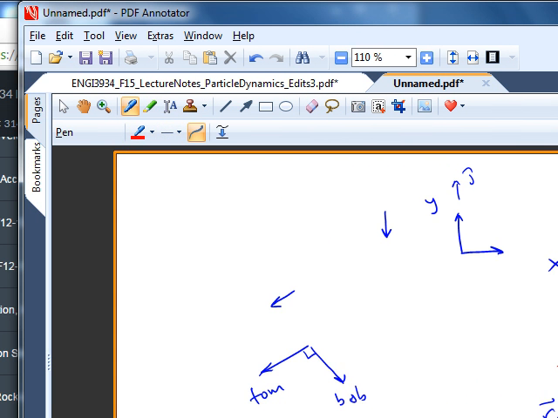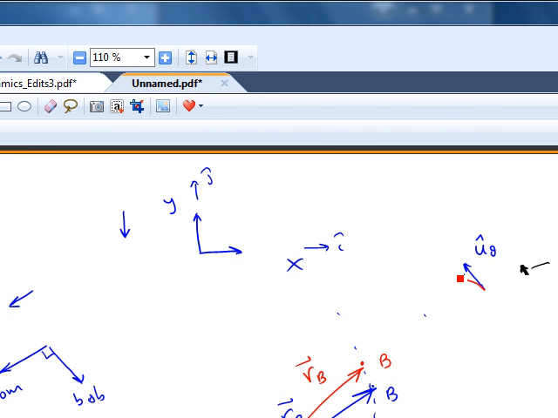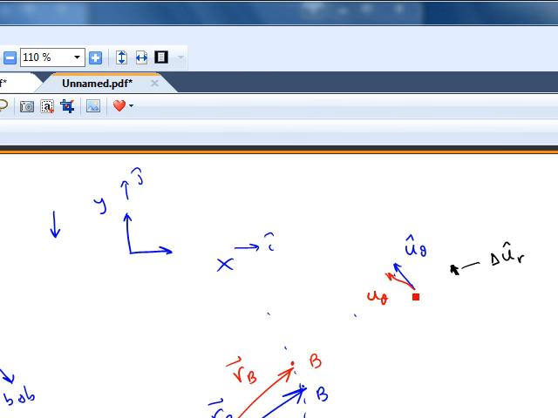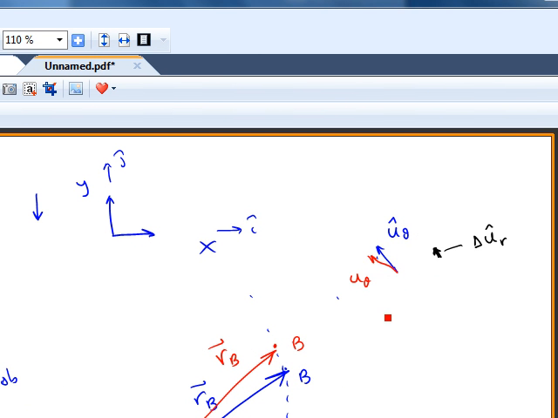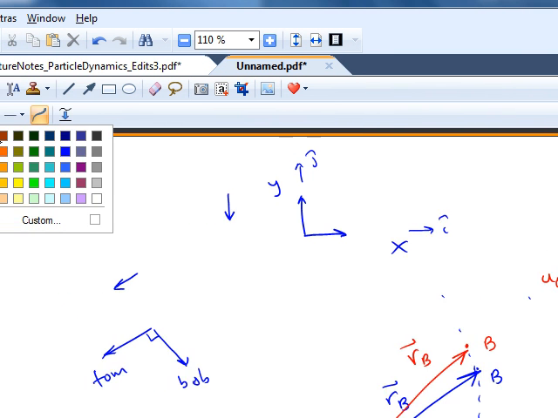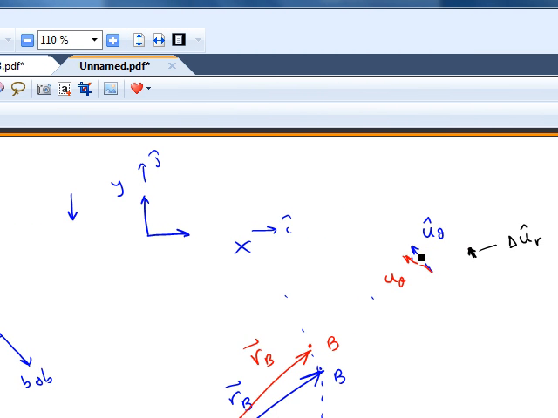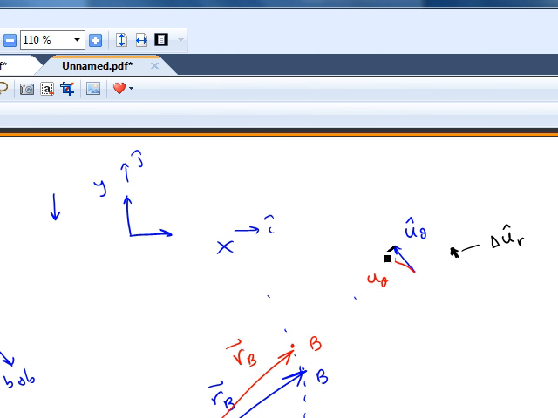Anyway, the new U theta vector is rotated a little bit compared to the original one. What's delta U theta? It's minus initial plus final. Here's delta U theta.